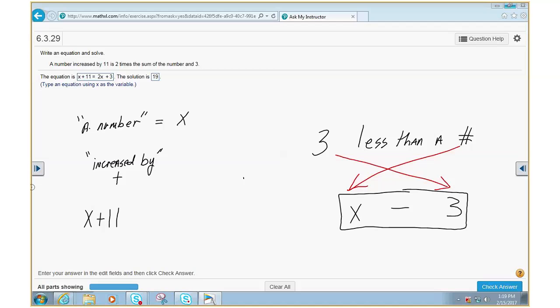And that takes care of that right there. Is. Anytime you see the word is in a mathematical sentence, is means what? Equal. 2 times the sum of the number and 3. 2 times the sum of a number plus what?